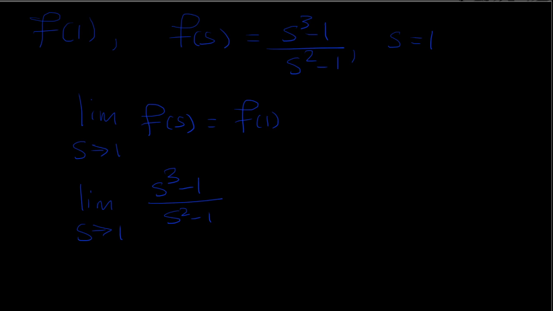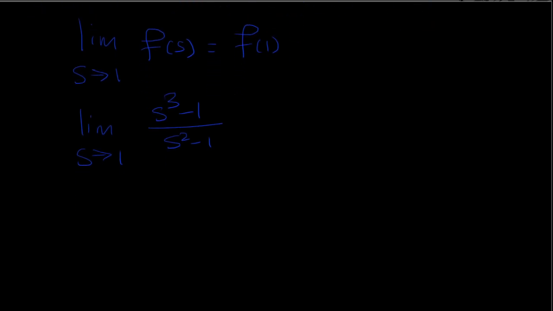And here we can simplify. So s cubed minus 1, we can think of s cubed as s times s times s, and 1 as 1 times 1 times 1. And here we're going to use the SOAP method.